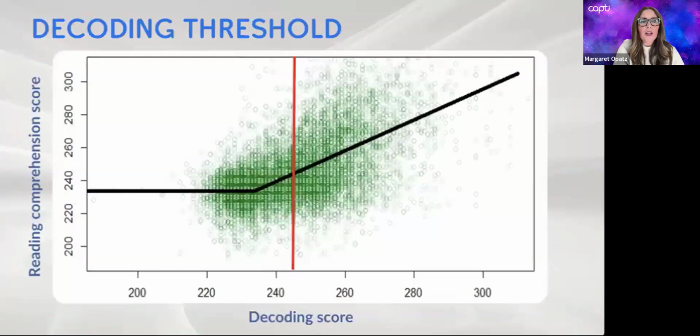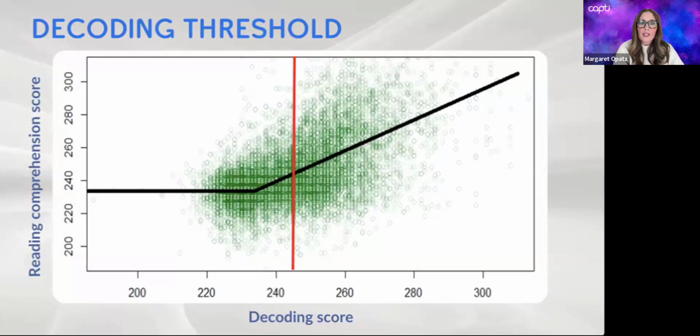And I don't think I have to belabor the point of how important decoding is, but there's some pretty interesting research out there. This one comes from researchers at ETS, and they found that there is a decoding threshold. If this is new terminology, it was to me not too long ago as well. Basically, what they found is that students in fifth grade and up, if they don't have a certain threshold of being able to decode the words on a page, their comprehension is just flat.